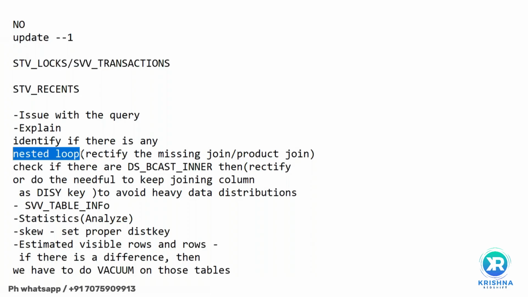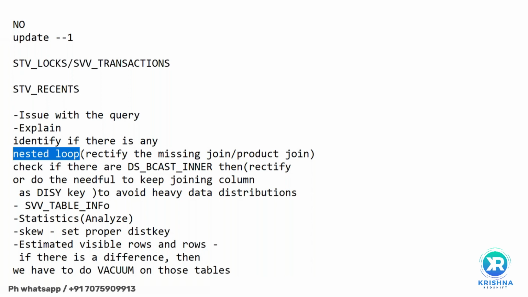So if you see the nested loop term in the explain plan, it means some product join is happening. Product join means a missing join condition. By mistake they have missed it, and that will lead to multiplication of both tables, which means that query is not going to complete.